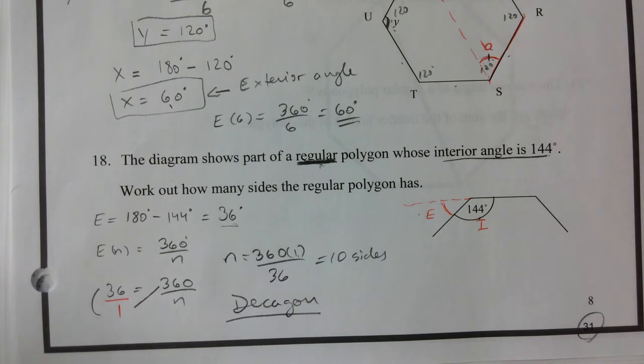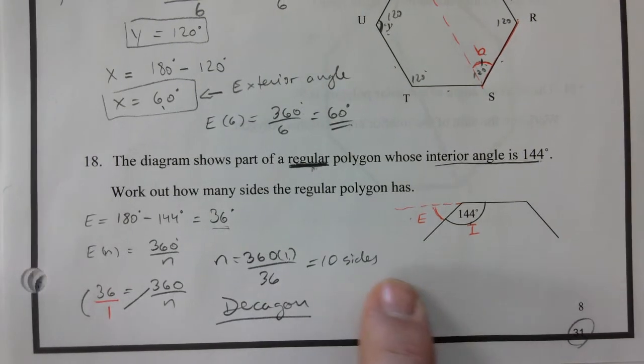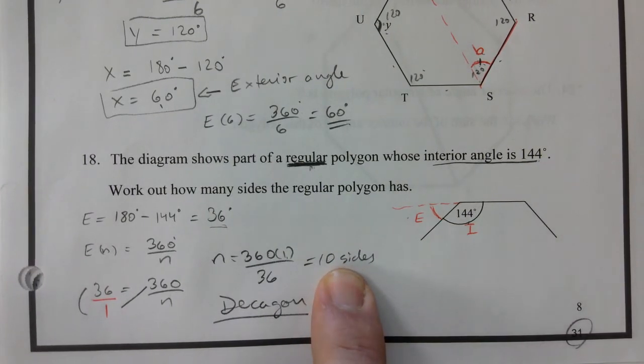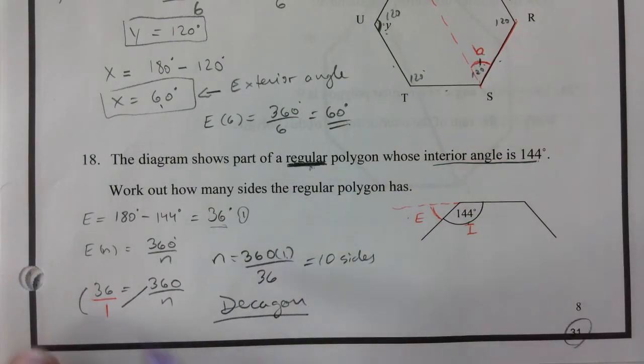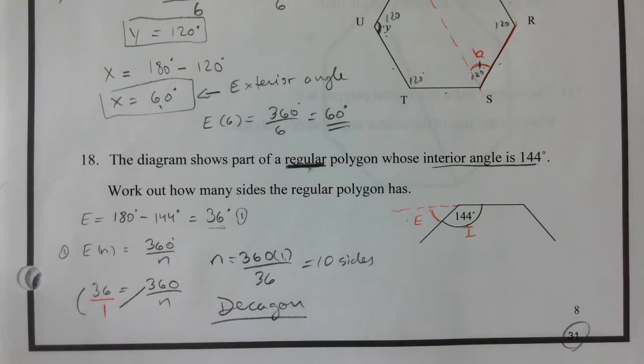And then there's the other way of doing it, but I have that in the notes. So if you use the formula for interior angle, you should still get 10. So this would be like step 1, and then this would be step 2. Just have to recognize that that's happening.